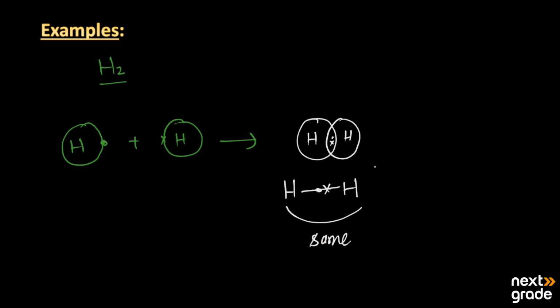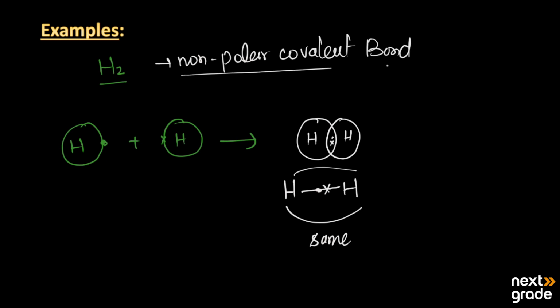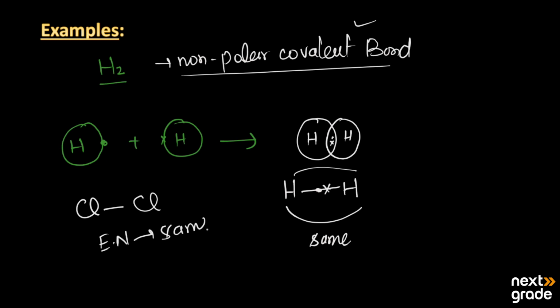So there is no charge on the two atoms. So we call this the non-polar covalent bond, because there is no formation of charges, since the electronegativity of both atoms is the same. When we have two chlorine atoms, their electronegativity is also the same, so the bond will be a non-polar covalent bond.